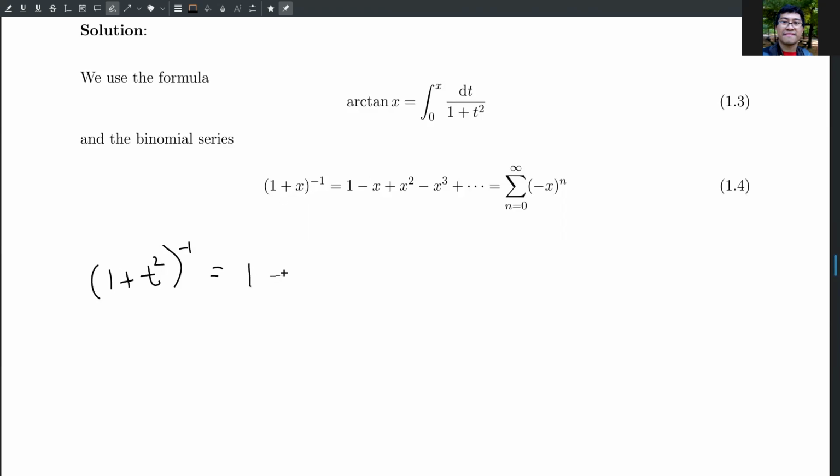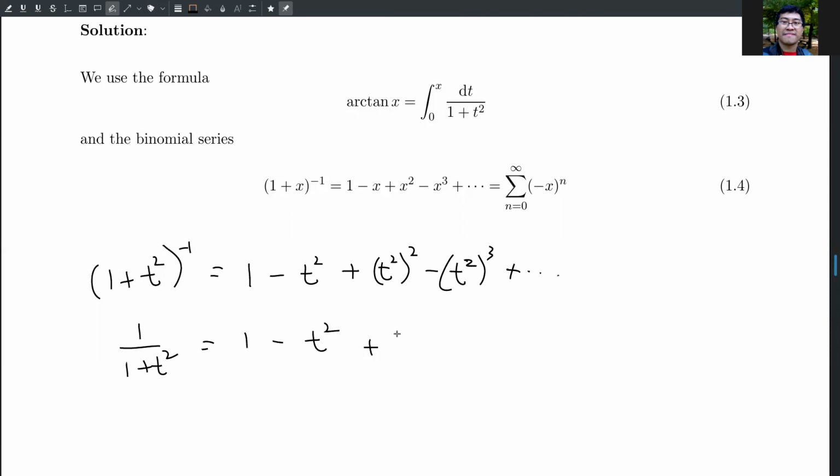So you have 1 minus t squared plus t squared to the power of 2 minus t squared to the power of 3, and so on. So 1 over 1 plus t squared is 1 minus t squared plus t fourth minus t sixth and so on.